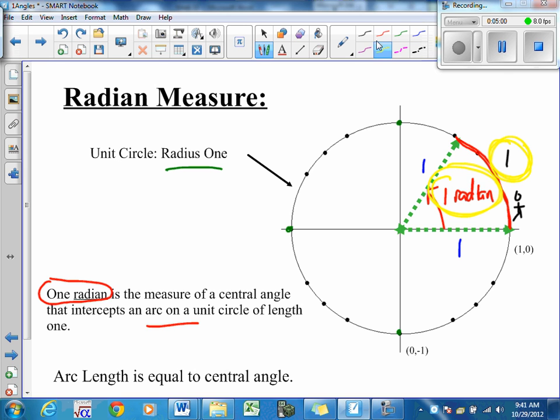So if this is 1, and then I go here and have a length of 2, so my distance all the way back is 2, then this angle here would be 2. My arc length matches my angle.